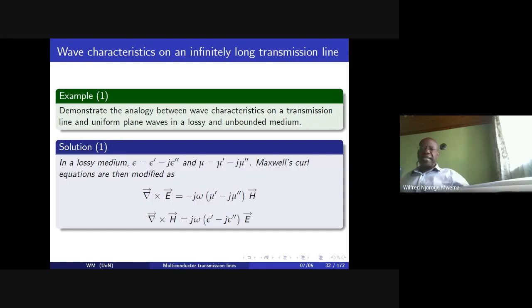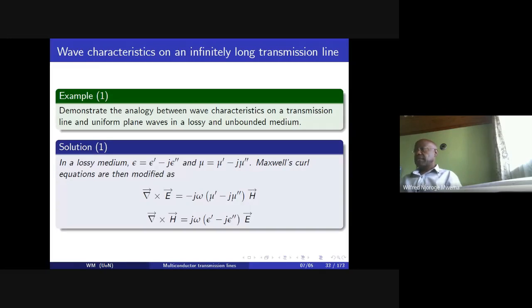Now, in a lossy medium, the epsilon, that is the electric permittivity, can be modeled as a real permittivity epsilon prime minus an imaginary permittivity j epsilon double prime. And we remember the imaginary part must be subtractive because we are assuming that our medium is going to dissipate energy, okay? Because it's going to dissipate energy, that imaginary part must be negative j.